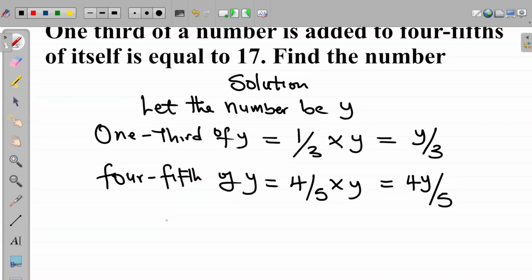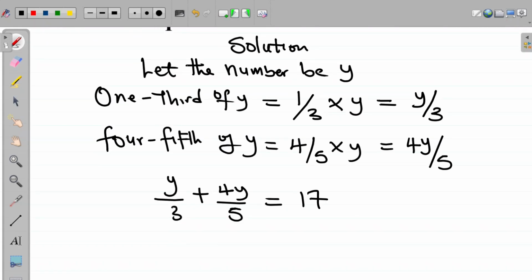So we have that y divided by 3 plus 4y divided by 5 is equal to 17. Now at this point, we have to consider the denominators and look out for the LCM. Now the LCM of the denominators, which is 3 and 5, is equal to 15.